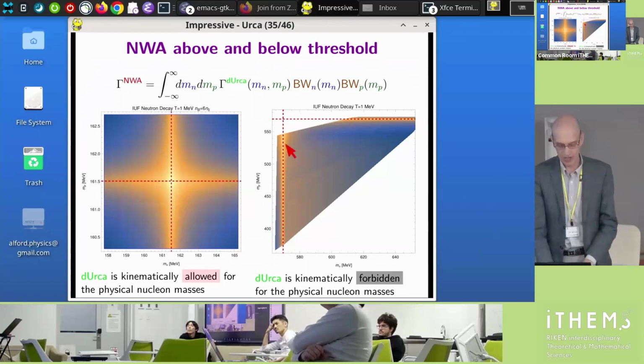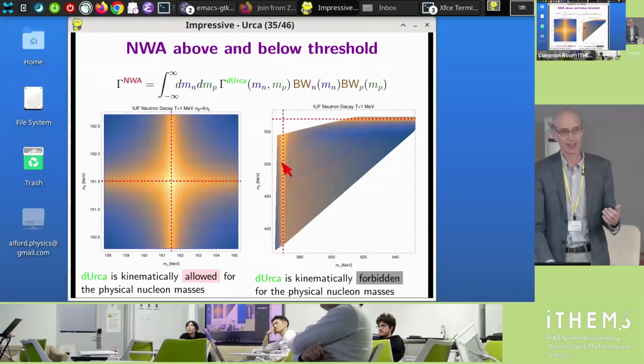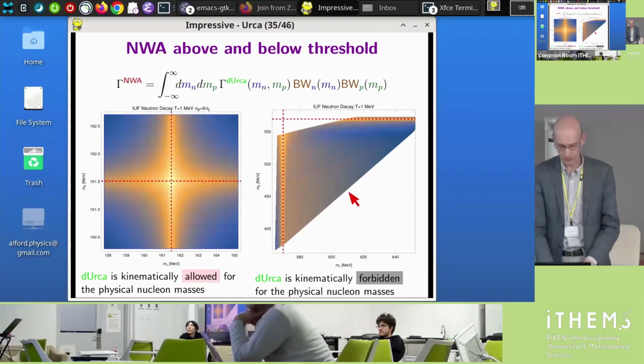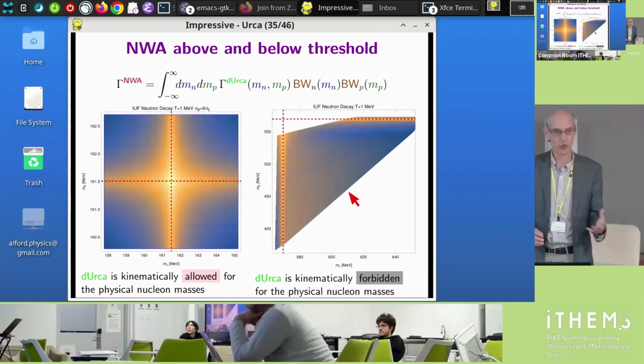And so from the tail of the Breit-Wigner in this integral over direct Urca rates, you're capturing a subleading contribution, which is all there is. And that's the effect of modified Urca. So it's the tails of Breit-Wigner functions that modified Urca really is.